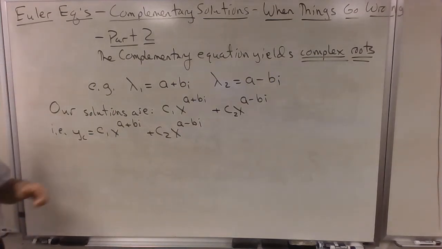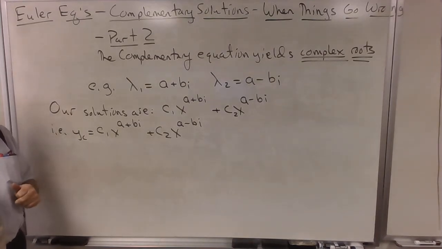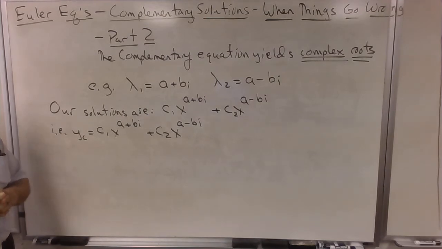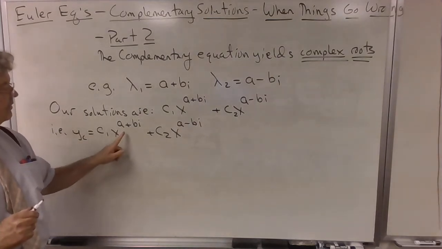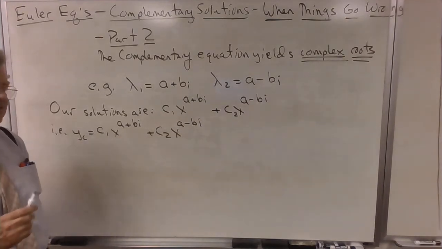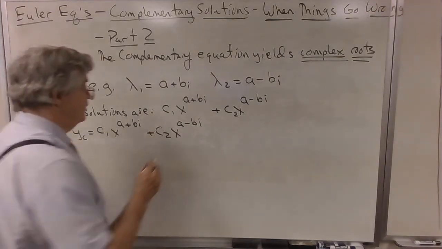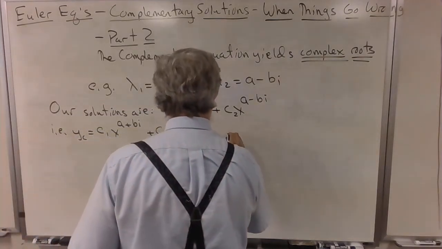And we look at this and we rightly say, what the heck are we supposed to do with this? Well, let's simplify it first. We have x to the power of a sum, x to the power of a difference. We can write that as x to one power times x to another power, like this.